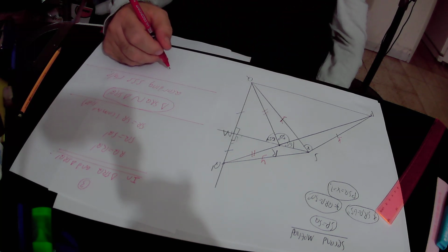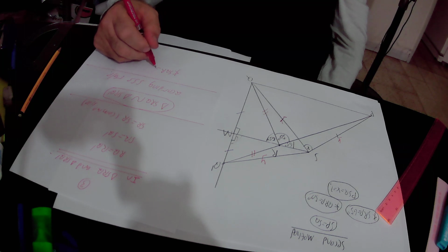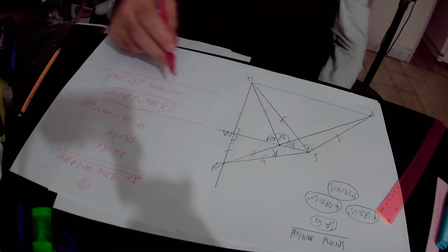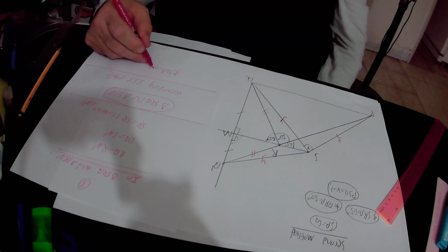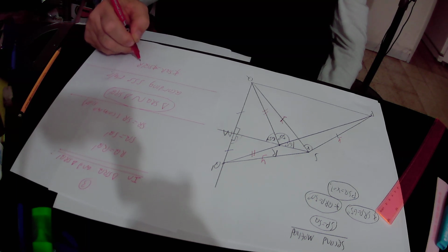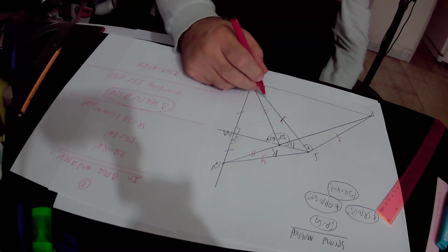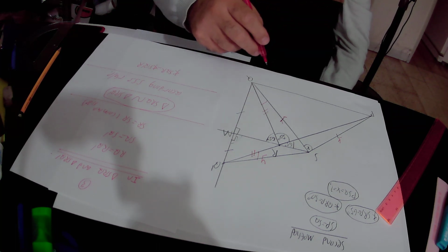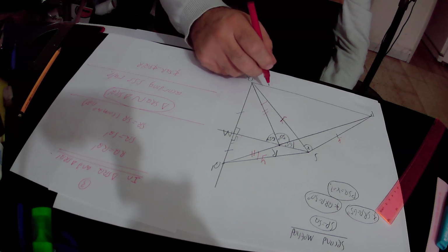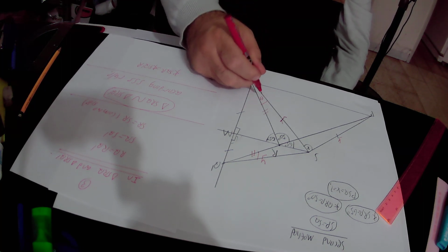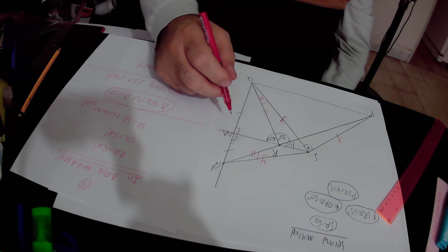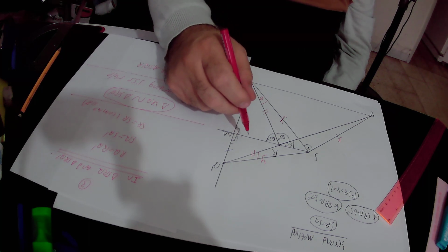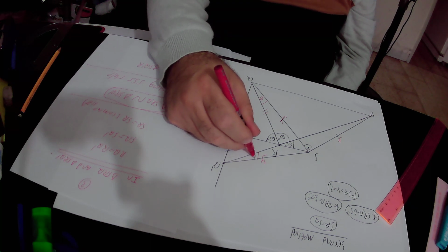Angle SQR is equal to angle SQ dash R. This angle is equal to this angle, and if we define angle SQR as theta, then angle SQ dash R will also be equal to theta.